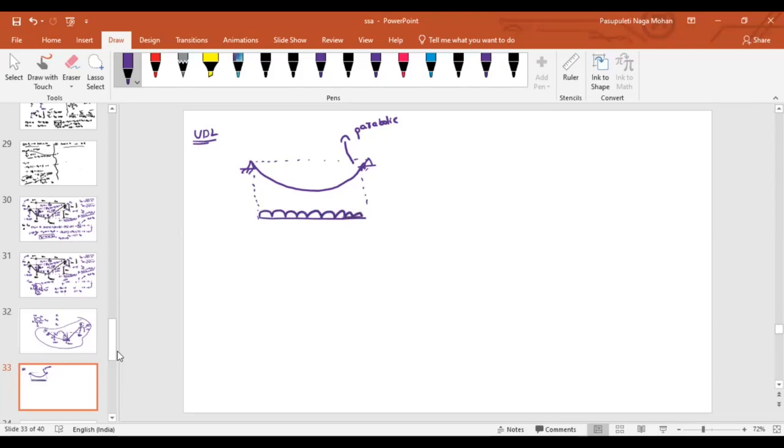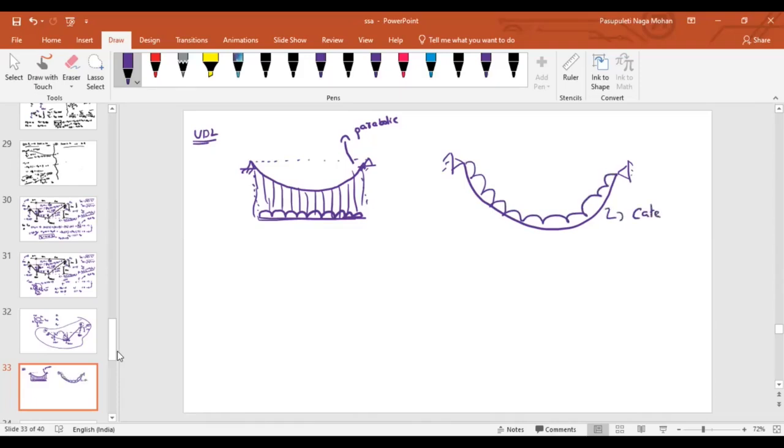Imagine this is your girder and the cable will be connected through a sequence of cables like this. You might have seen this type of structure too. So if the UDL is acting on the girder, then the deflected shape of the profile will be a parabola. There is another case, the best example being self-weight. If the load is also acting on the cable itself, then the shape will be a catenary.